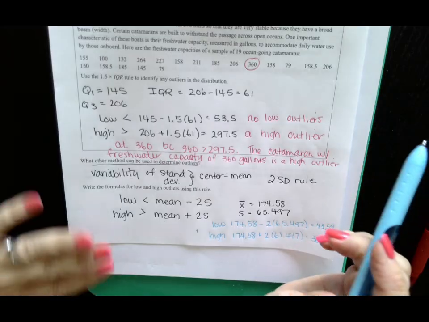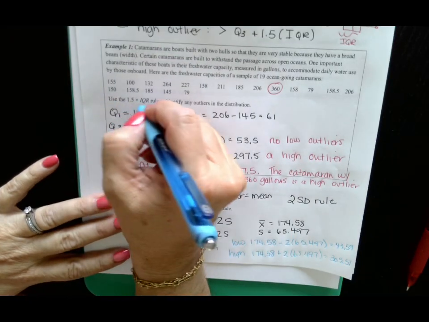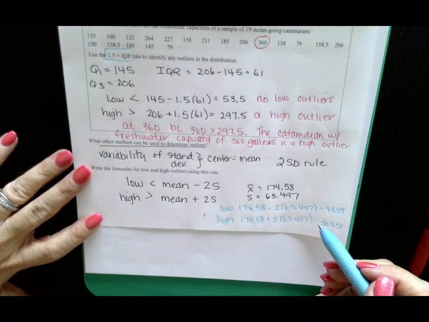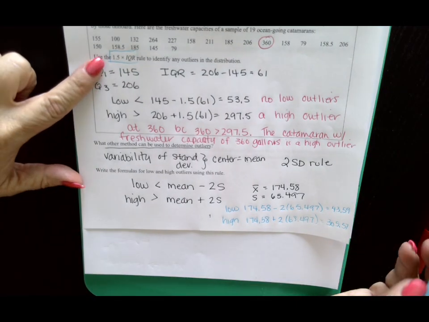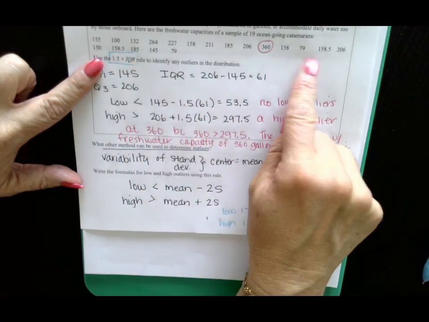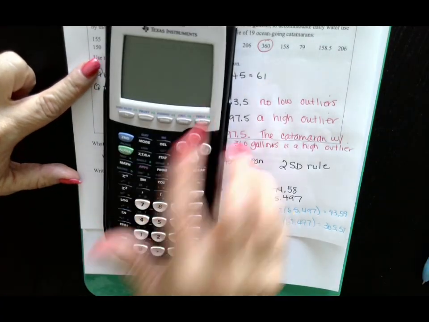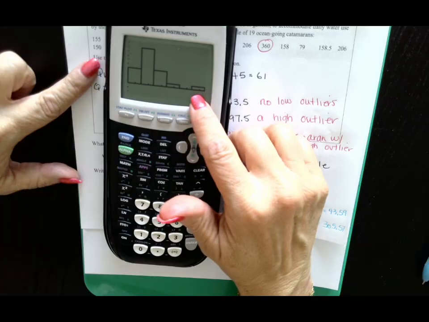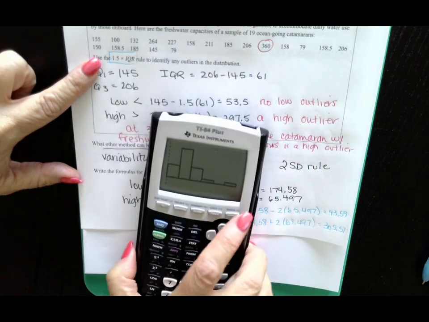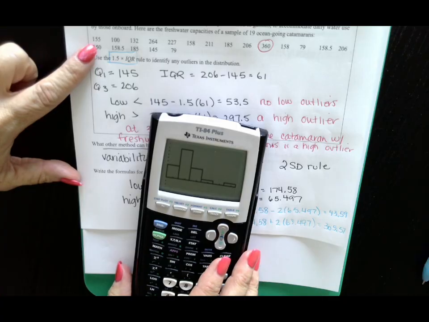Okay, now normally we're going to use this IQR rule, but if it doesn't tell you, you really have the flexibility to use either one. It normally tells you 1.5 times IQR, but you have to think about it: if we had already graphed this data and saw our graph, we could say we could potentially have an outlier, so because of that, you would have chosen to use the IQR rule anyway.